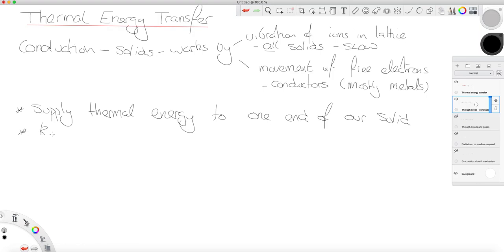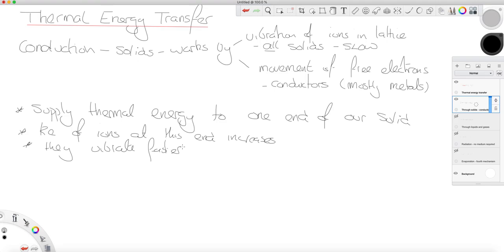The kinetic energy of the ions at this end increases. They vibrate faster.